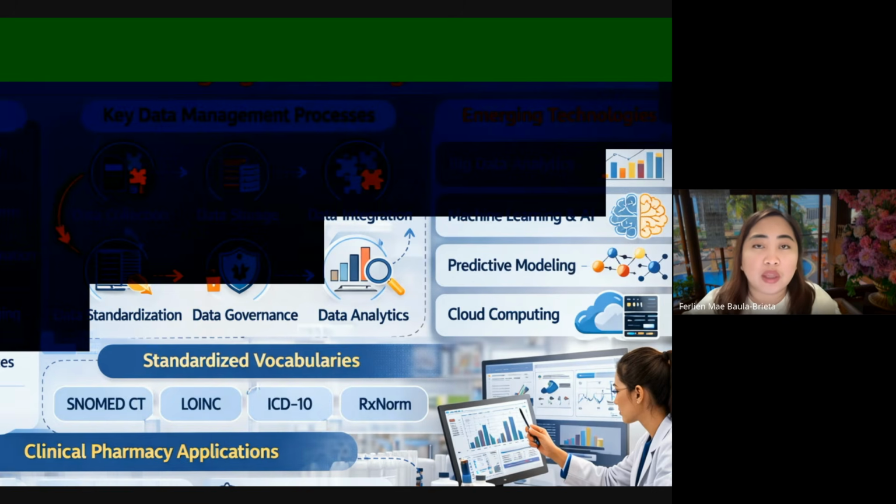So, in antimicrobial resistance, in AMS, all of this requires skills in data analytics.